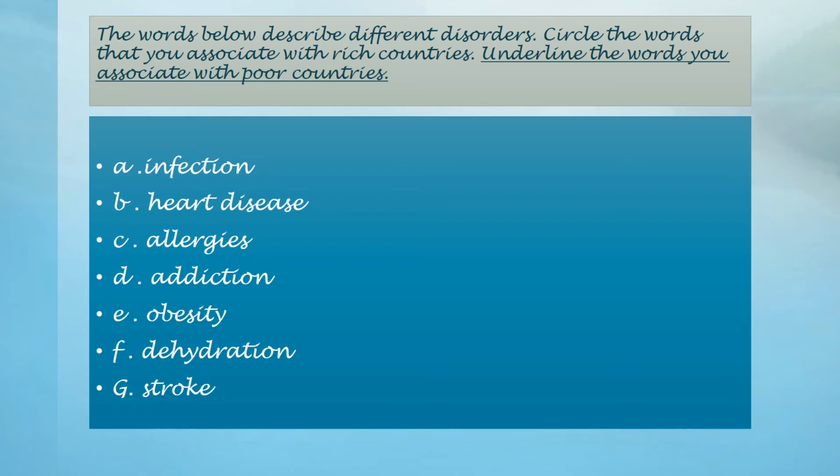So it's more associated with rich countries. Obesity, very good, associated with rich countries as well. Dehydration, when you lose most of the liquids in your body, is usually associated with poor countries. Excellent. And what about the stroke? Well done, thank you. It is associated with rich countries.